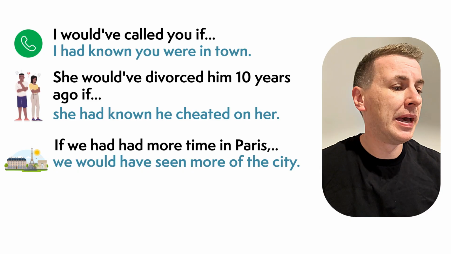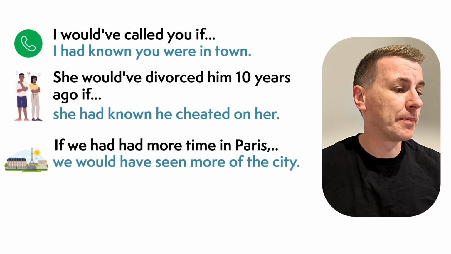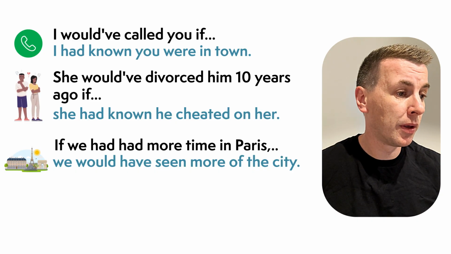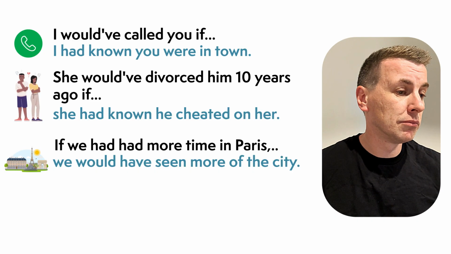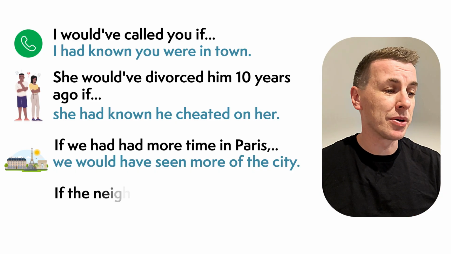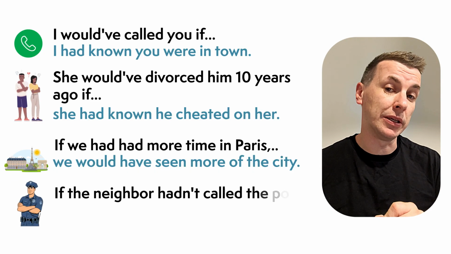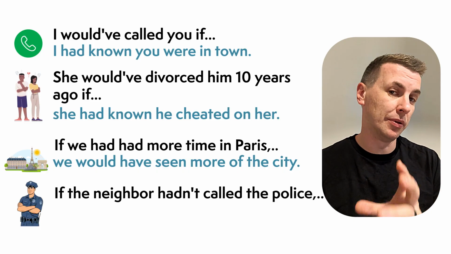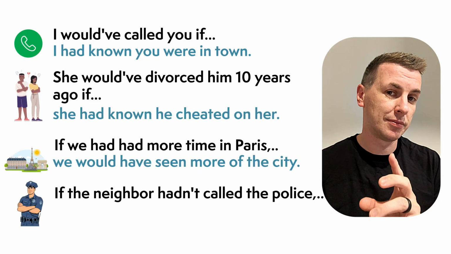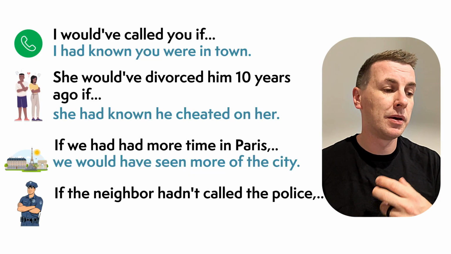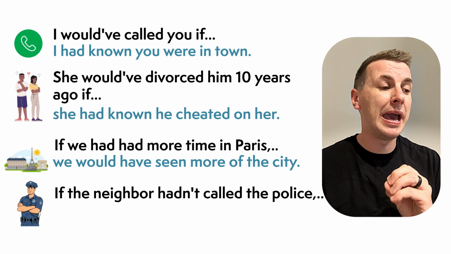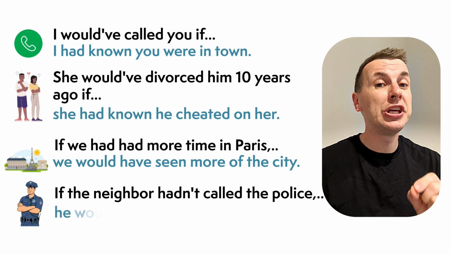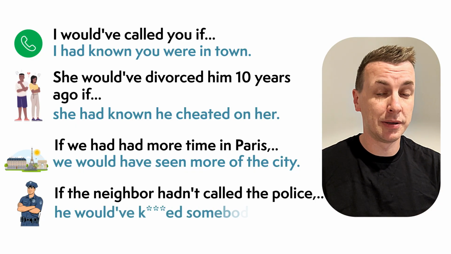Okay. And let's look at the last example here. This one. If the neighbor hadn't called the police, pause it, think about it. Here's my answer. If the neighbor hadn't called the police, he would have killed somebody.